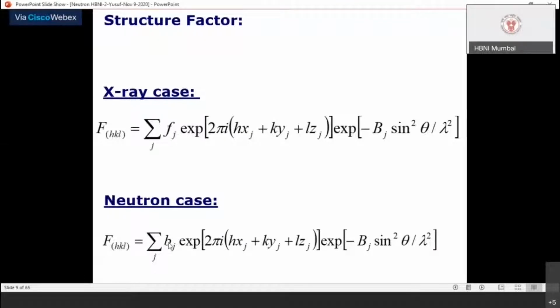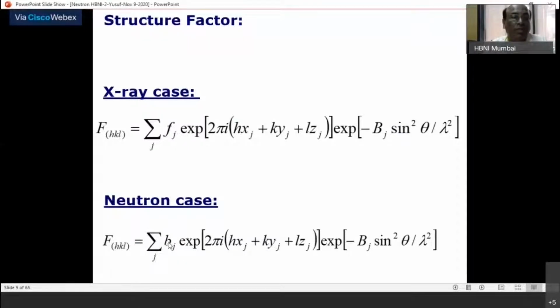In other words, the nucleus is just a point. So the probe does not see the nucleus as having any structure, which means there is no form factor in this case. As a result, the scattering amplitude b, when the neutron is scattered from a particular jth nucleus, is a constant.